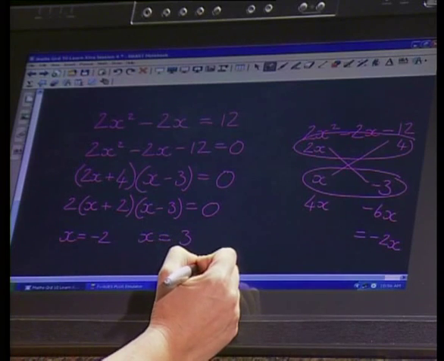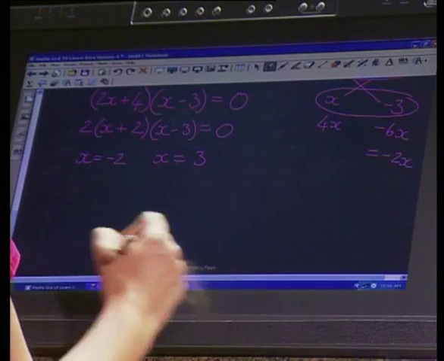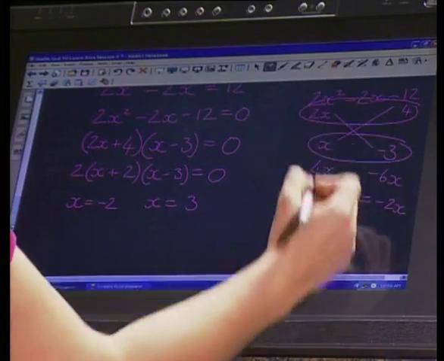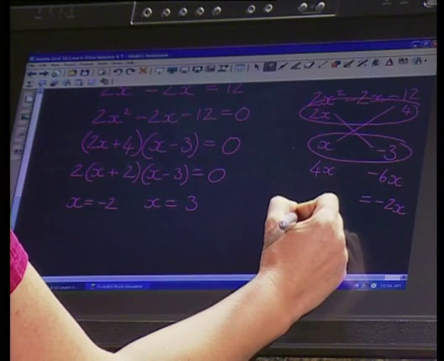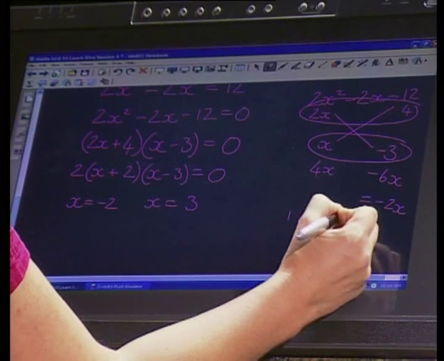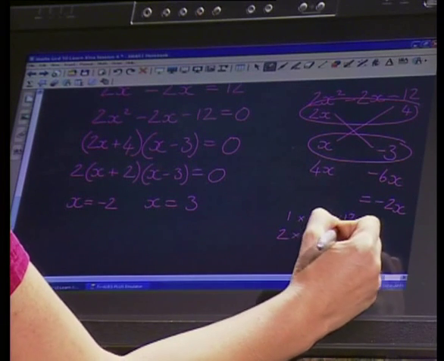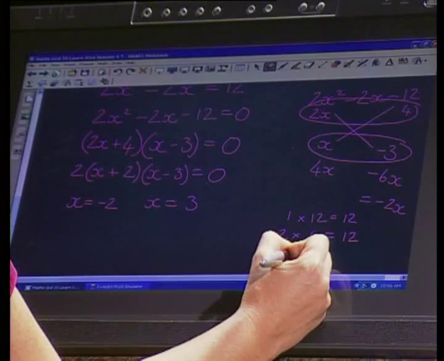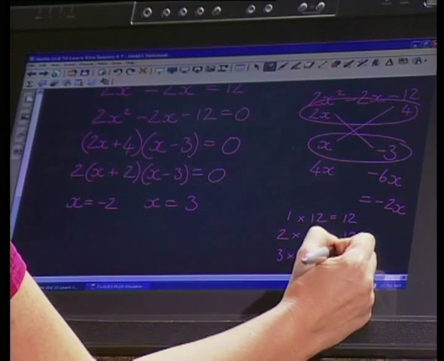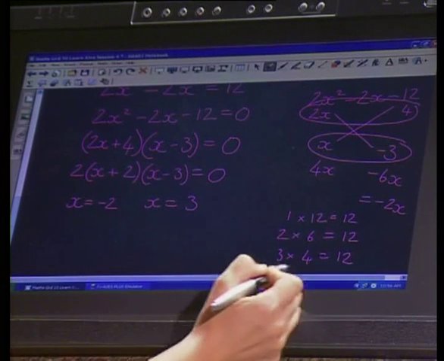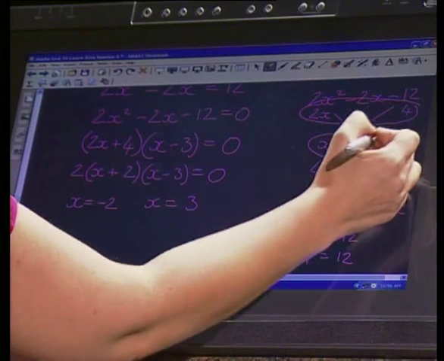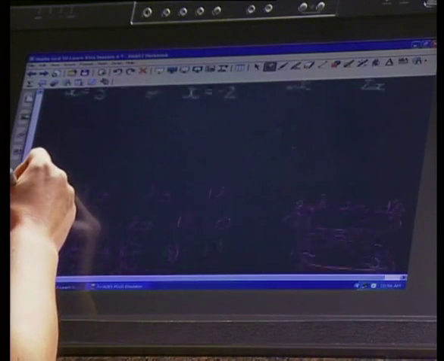Now, the reason I say it can go wrong is because our factors for 12 are 1 times 12 is equal to 12, 2 times 6 is equal to 12, and 3 times 4 is equal to 12. So there you have 3 different combinations that could work for that last part of the bracket.